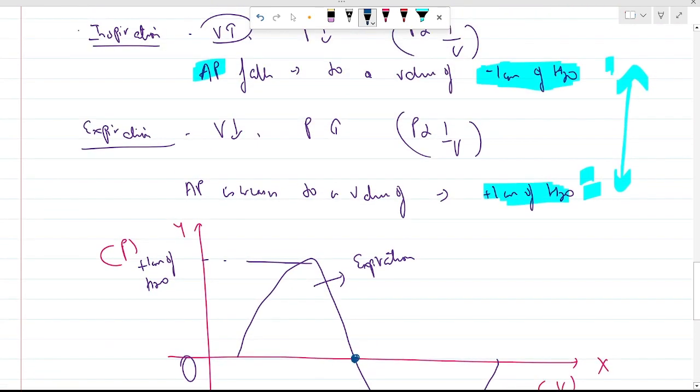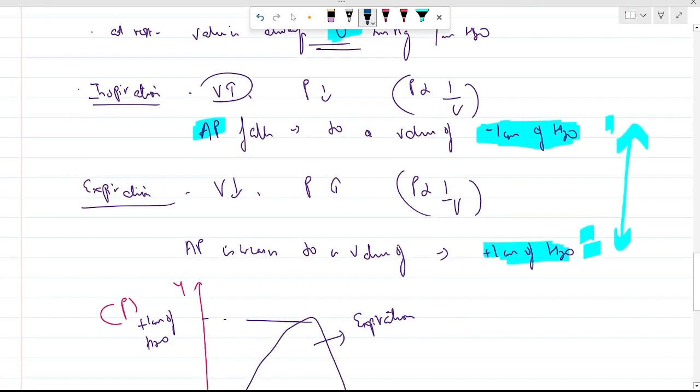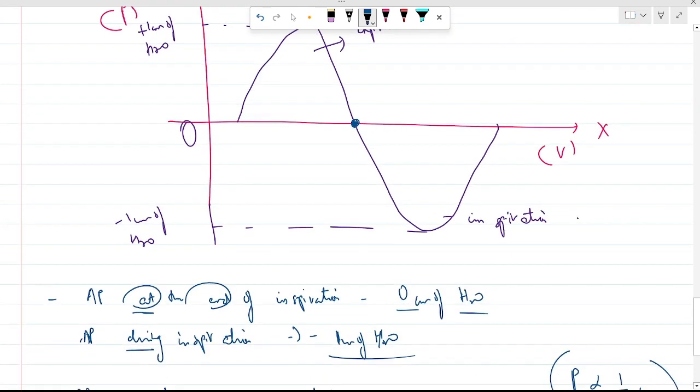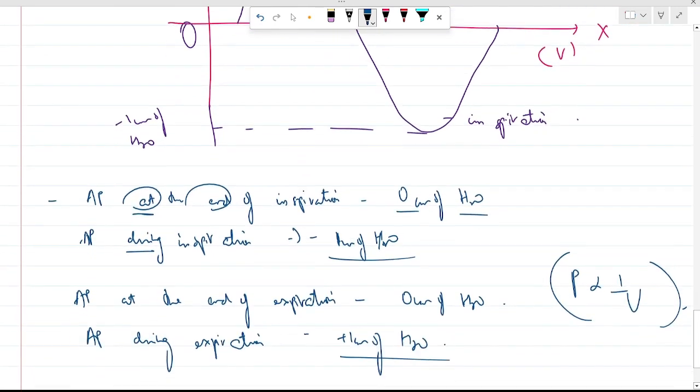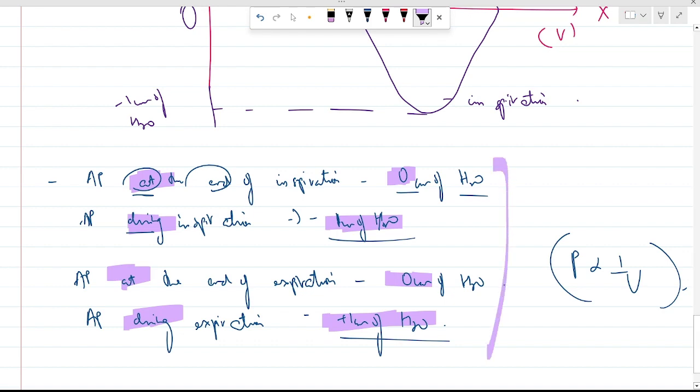So we've seen the alveolar pressure here. At rest 0, inspiration becomes negative to minus 1, expiration is plus 1. We've seen the graph here, and we've seen the two important points here: at and during. At the end it is 0 centimeter of water, during the fluctuation the values are minus 1 and plus 1. Very important discussion here about alveolar pressure.